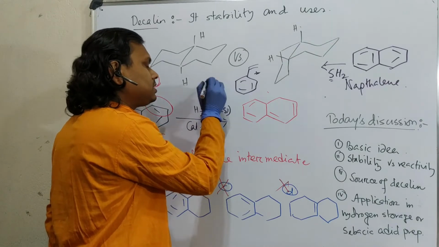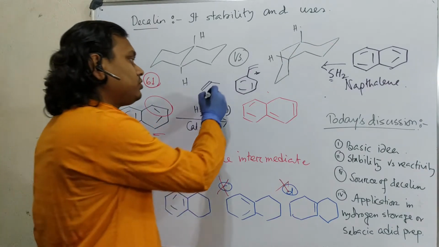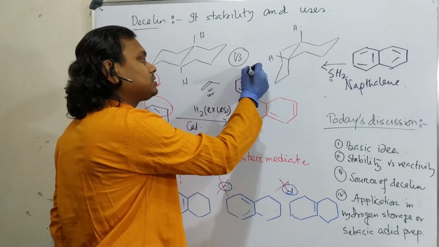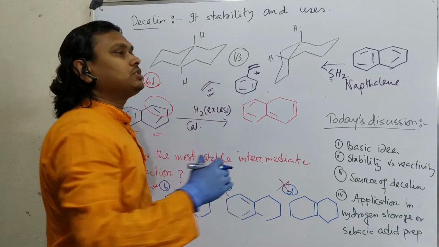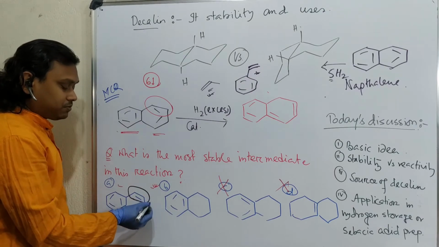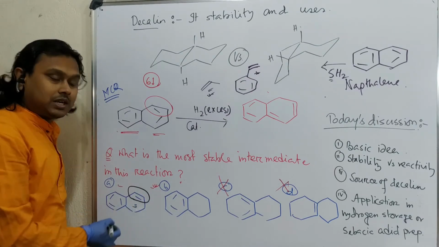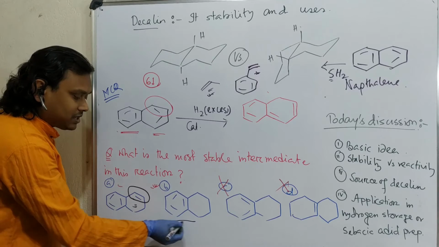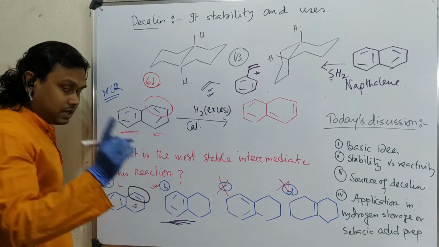So this will react a little slower compared to this because this is in conjugation, so HOMO is expected to be higher. So although you can say stabilization, from the reactivity point of view, it is not that much stable, and that's why after certain reaction you can isolate this in the reaction medium.